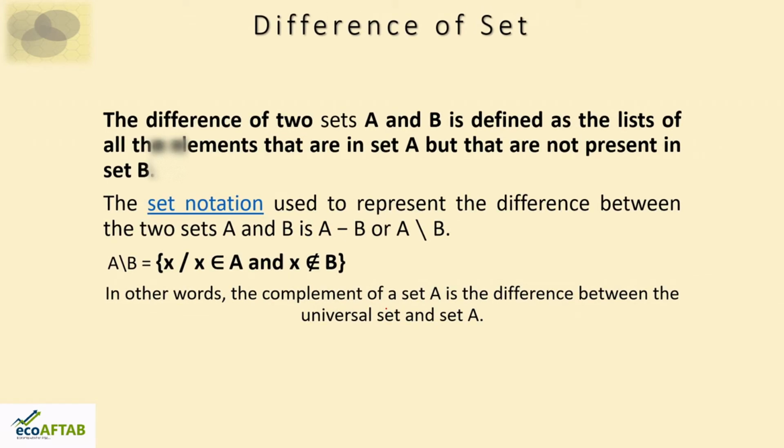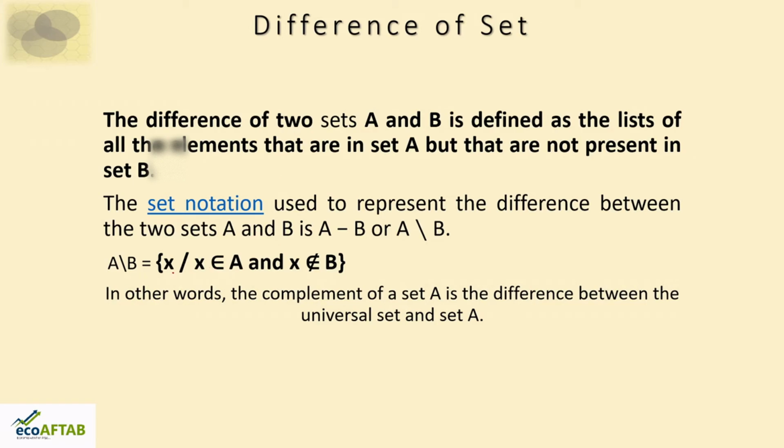Now comes the difference of sets. The difference of two sets A and B is defined as the list of all the elements that are in set A but that are not present in set B. It is similar to what we saw, with set notation A minus B, in the previous slide, where we spoke about universal set minus A. This is the same reasoning, same logic.